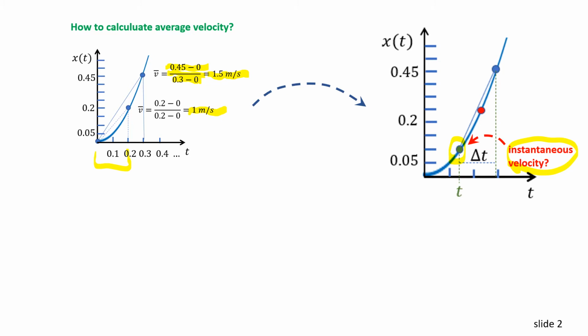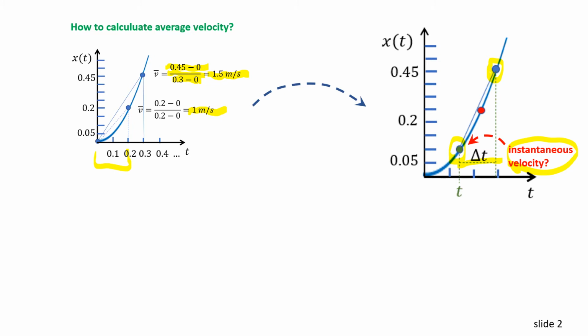Then we can find another time point later than our starting point. The x-axis difference, the time difference between these 2 points is called delta t. Then we can use the rise over run equation to calculate the average velocity between our current time point t and our next time point t plus delta t.